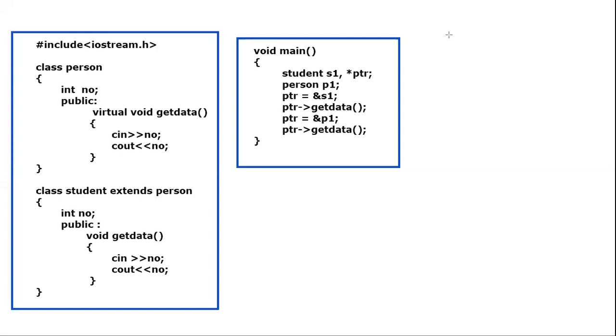So in this case, suppose I mention only s1, that is student s1, and then s1 dot get data. So what happened? The s1 will be created for the student, but student is my derived class for the person class. So when you write s1 dot get data, it is going to access both the functions.